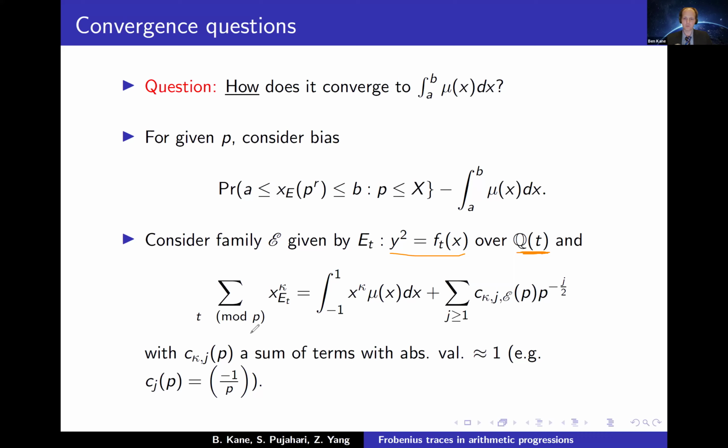And it's a one parameter family. And you can look at the same question as you run t mod p, let's say, you know the main term. And it turns out that there's a sort of natural splitting where these c sub kappa j e's are all sums of things of absolute value 1, is what I'll say.